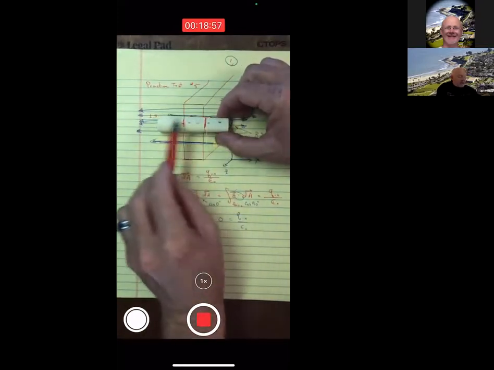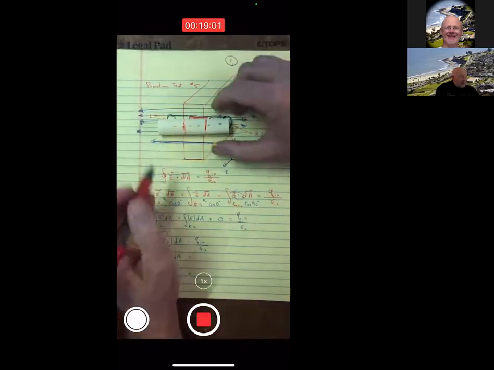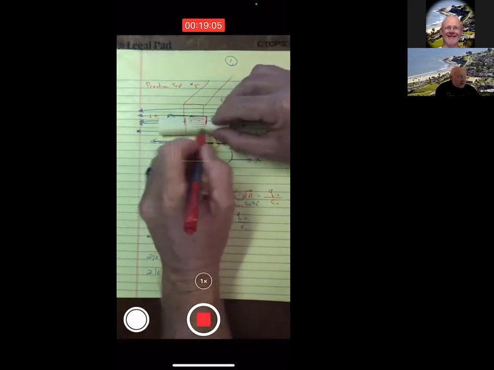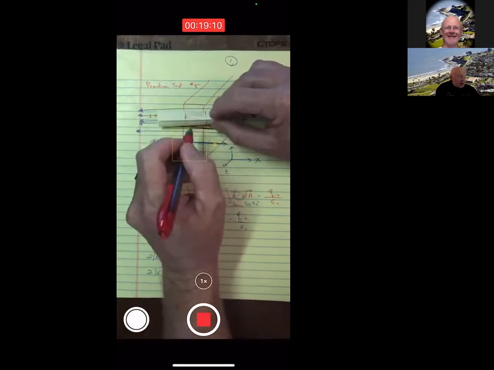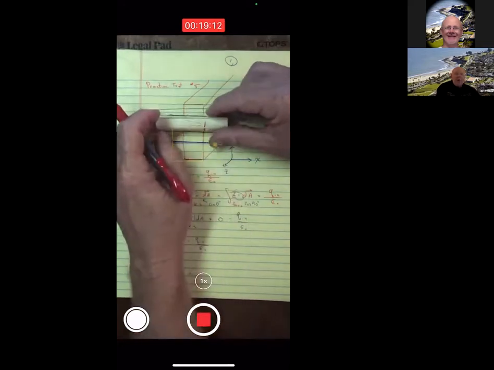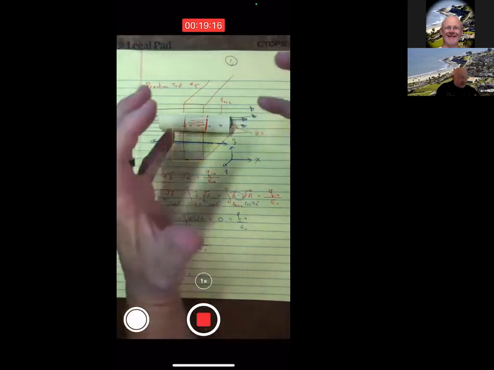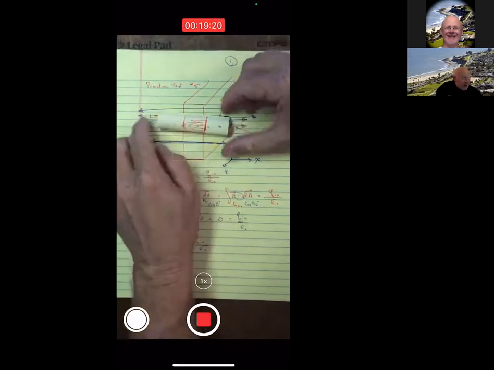It's not the limits of the whole Gaussian surface. All right, but still, there's quite a bit of charge in here, and I got to figure out how much charge is within this Gaussian surface. All right, but visually it wants to be that.